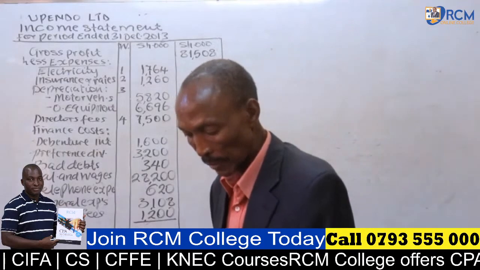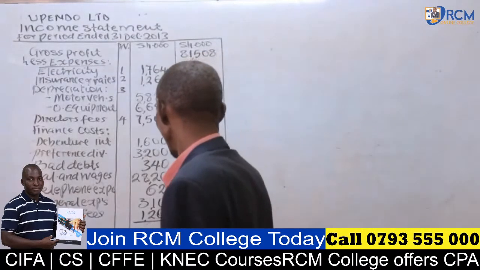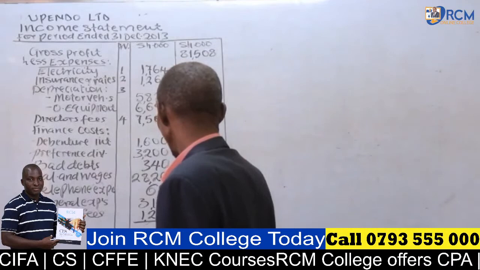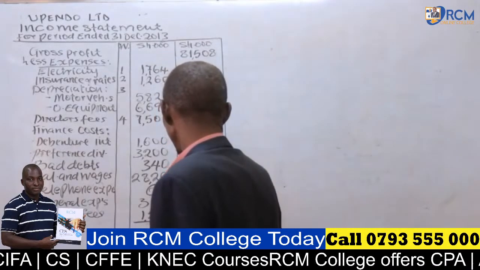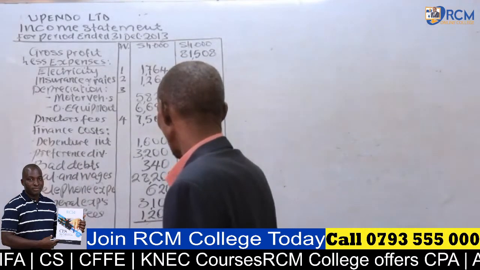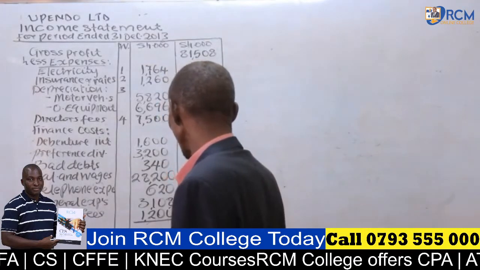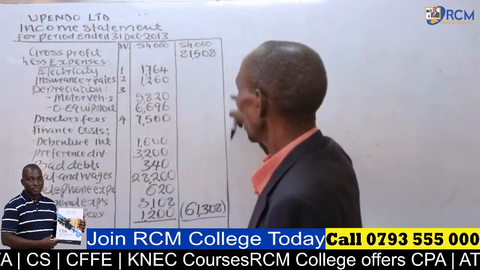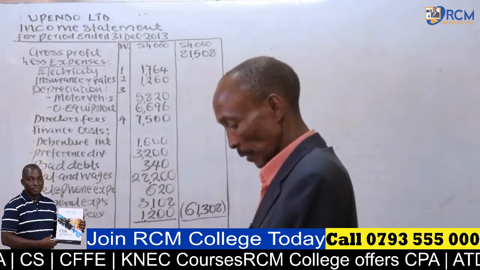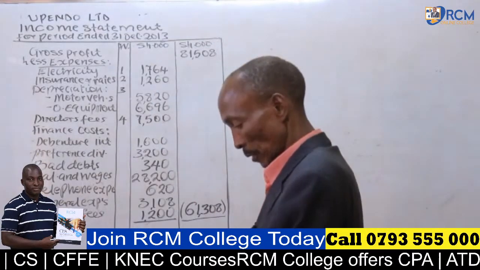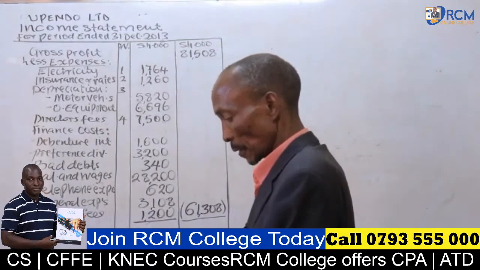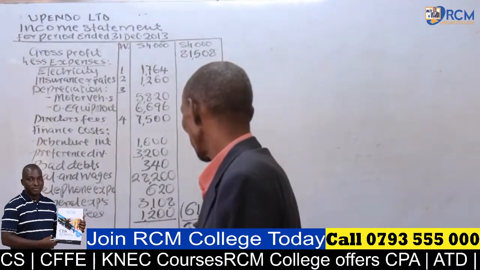Yes, we have 61308. This represents the total expenditure, which should be deducted from the gross profit.